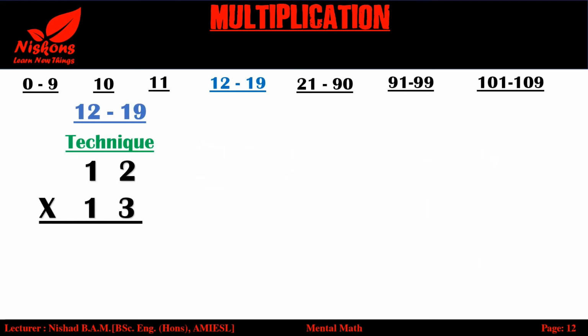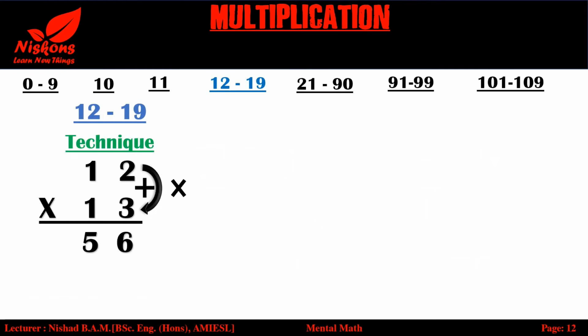So if we multiply 12 times 13, the technique will become very easy because we have to multiply the last two digits. That means 2 multiplied by 3, which is equal to 6. The next thing we have to do is add these final two digits, which is 3 plus 2, equal to 5.